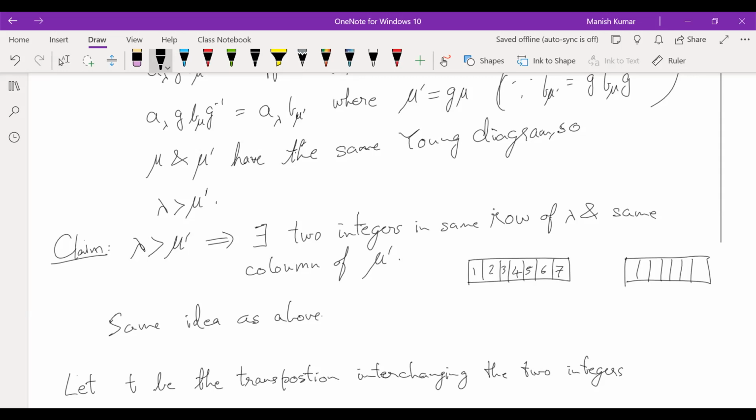Yeah, so the length of the first row is exactly 7.